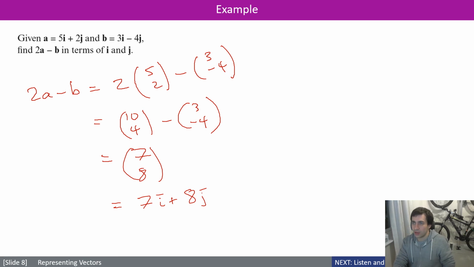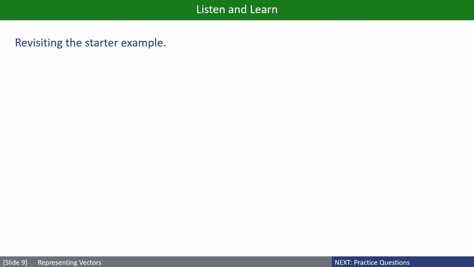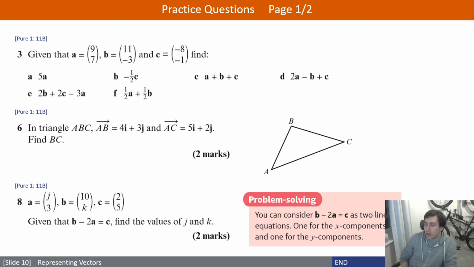Cool, all right, so some questions. So I've put 3 questions on this page, and then there's just one more on the next slide. So make sure you do that 4th question as well. Have a go of these. So the first one is just checking you can manipulate the vectors correctly.